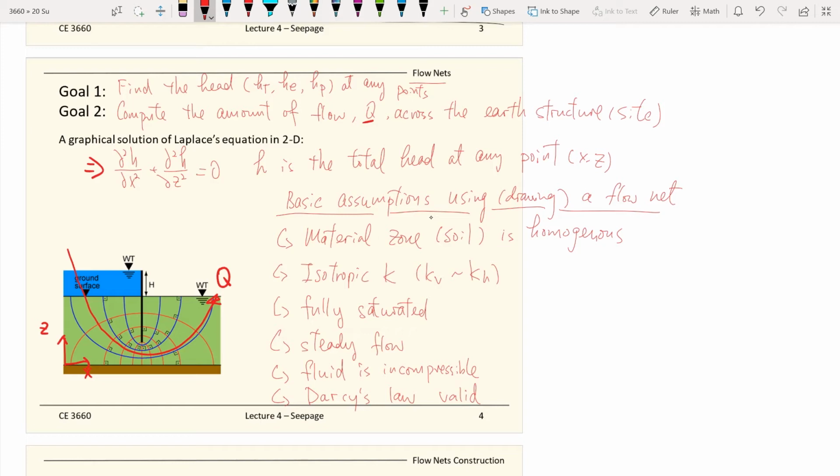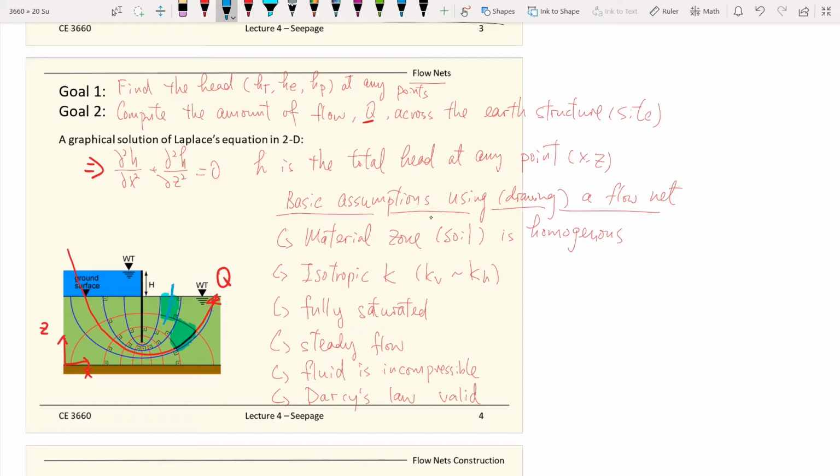Now this is the beauty of using a flow net. The solution of the flow net creates all these grids, all these finite elements, and the assumption is that within each finite element, the water flow is a straight line.